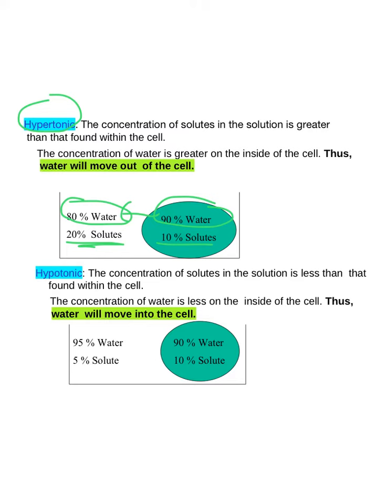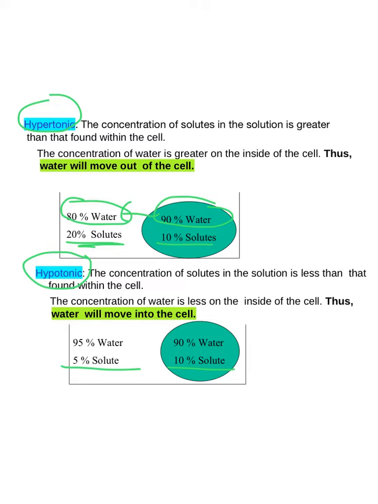Well, hypotonic. Hypo means less than or lower than. So again, we're talking about the concentration of solutes in the solution. We can change our numbers a little bit and use the same cell, 10% dissolved solutes in the cell, but here the concentration of dissolved solutes is less in the solution. This makes it hypotonic. Again, you can't tell what the solute is going to be doing unless you identify the solute.